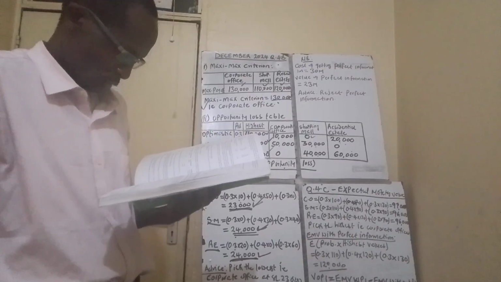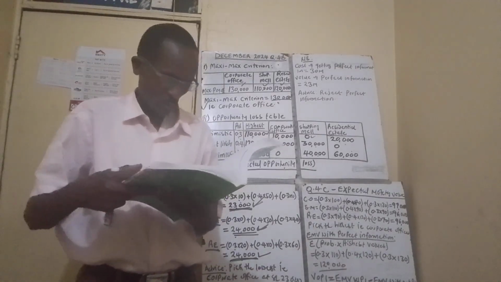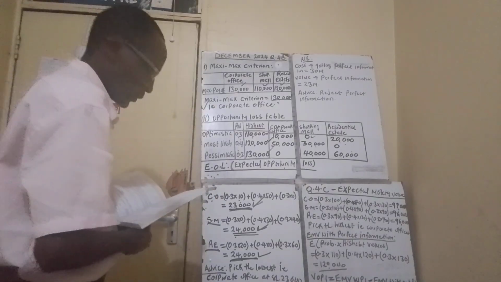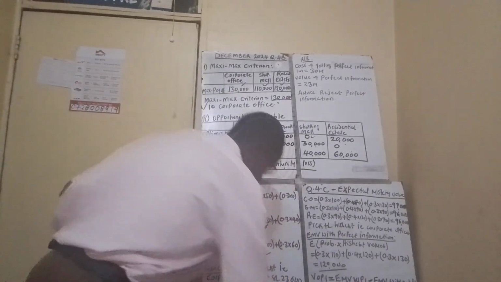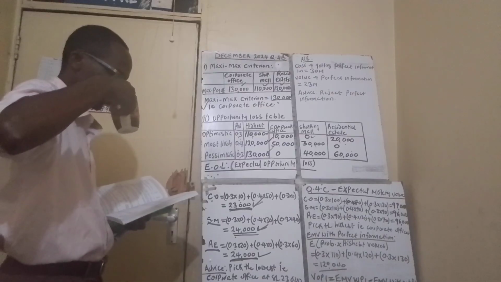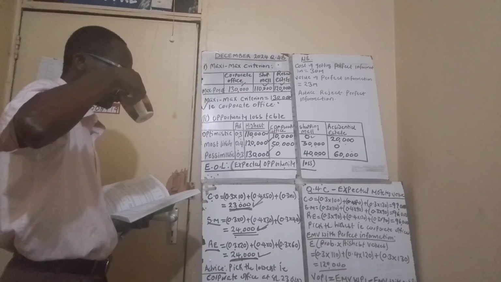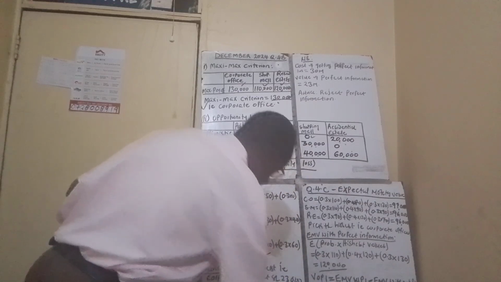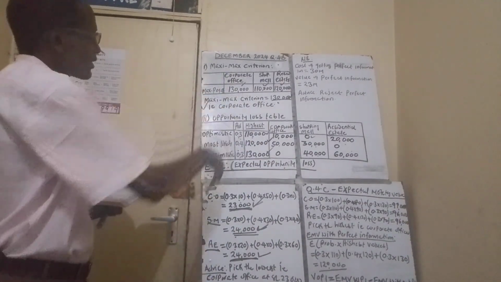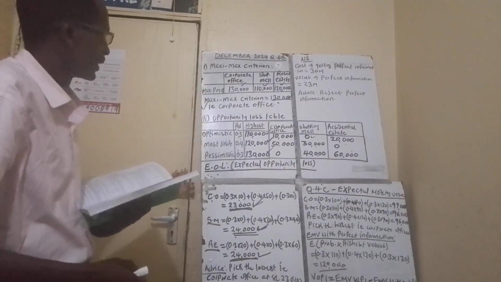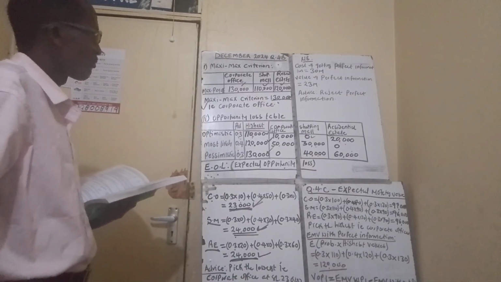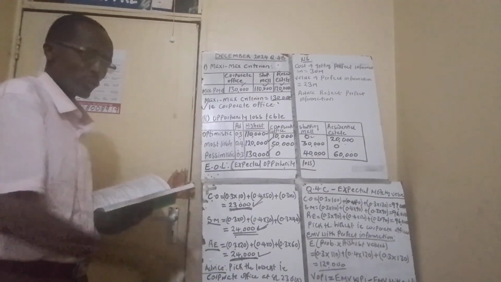Now I go to question 4c. You can check that from the board. If you have any question, you can ask. If there is any clarification that you need, or maybe any mistake that you may have made, you can mention it.